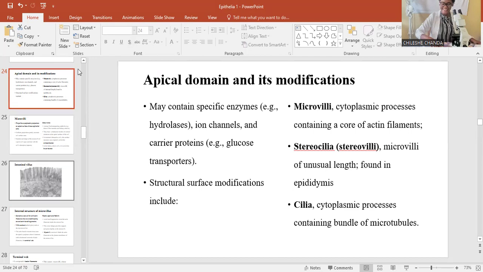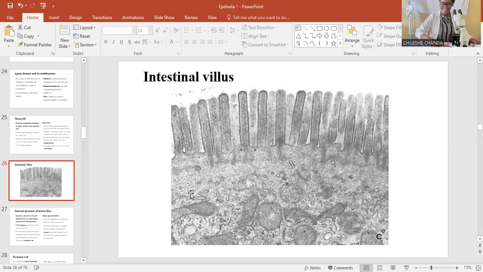So when you look at the intestines, you are likely to see what is known as a brush border. When you look at the intestines under a microscope, you're going to cut a small portion, and then you look at it under a microscope. It will look like a brush, like a shoe brush.